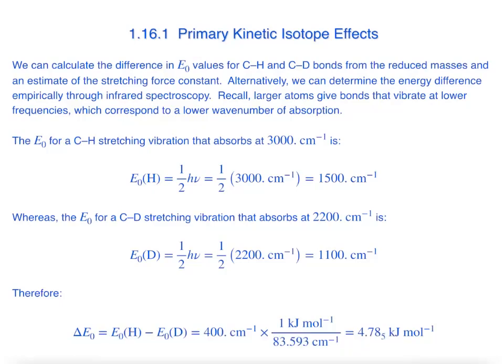Therefore, the difference in the zero-point energies for the CH and CD bond in this example is equal to 400 wave numbers. And we can convert that to an energy using the conversion of 1 kilojoule per mole being equivalent to 83.593 wave numbers. And so we're left with about a 5 kilojoule per mole difference between the zero-point energy of a CD bond and a CH bond.